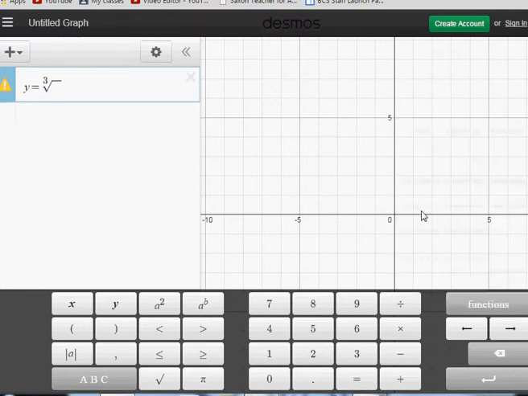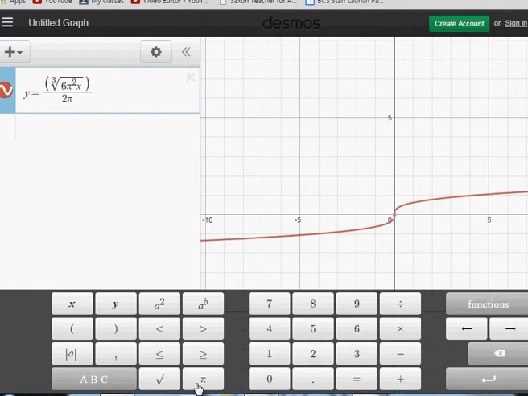Right here, cubed root of 6 pi, and that is going to be squared, 6 pi squared, and now it's x, and it looks like we're now dividing all of that by 2 pi. I think we're going to have to put parentheses here, though, to block that off so that we get correct division. So now we have 2 pi. Oh, you see that crazy equation showing up there?